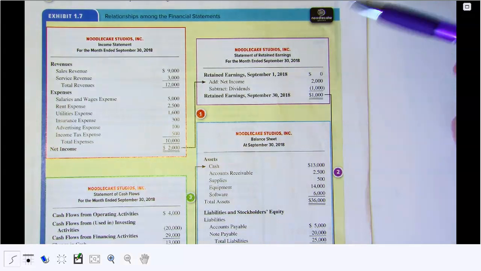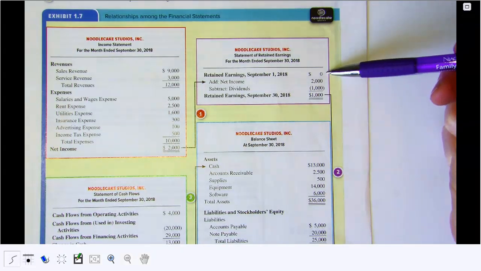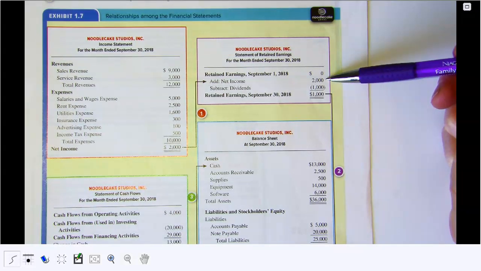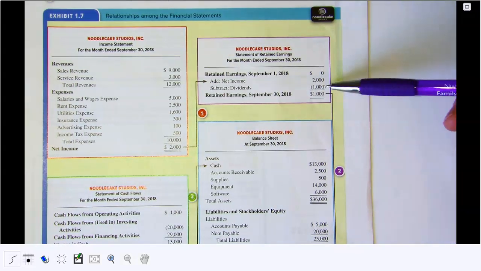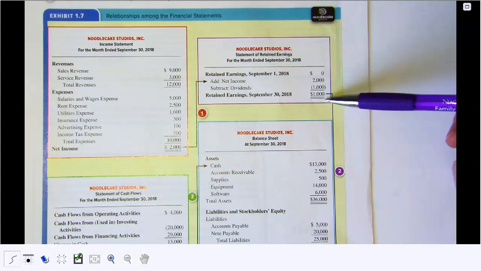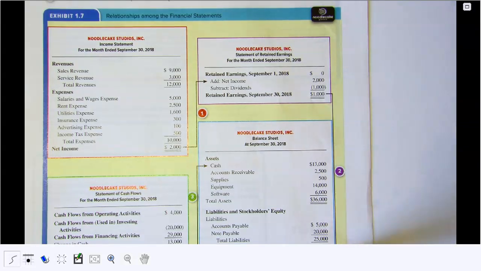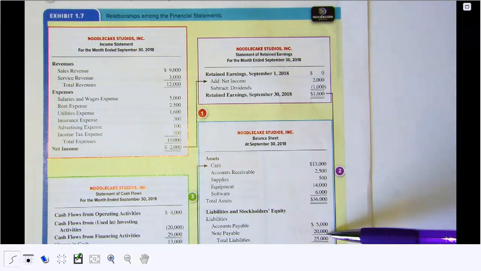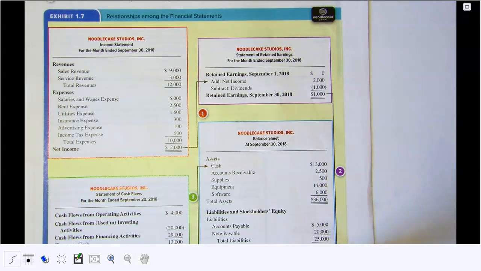So previous period's profits were zero because we're a brand new company. Our profits for this period are $2,000, and then we gave away some of our profits to stockholders. We call those dividends. So our ending retained balance is $1,000. We then carry that amount down onto the balance sheet, and the balance sheet proves that total assets equals the total liabilities plus the total stockholders' equity.